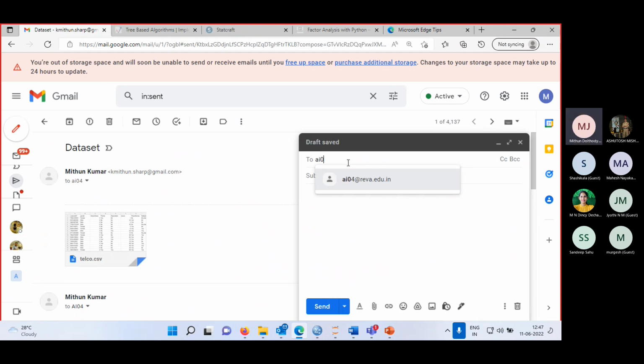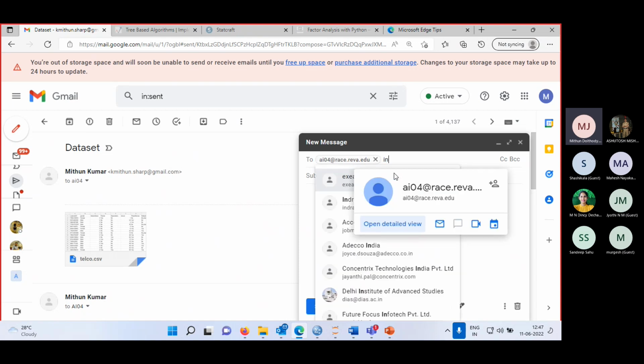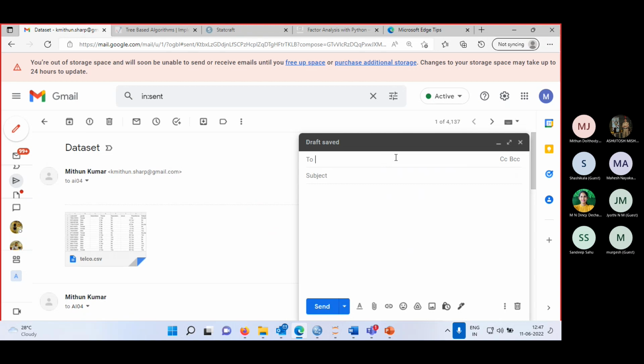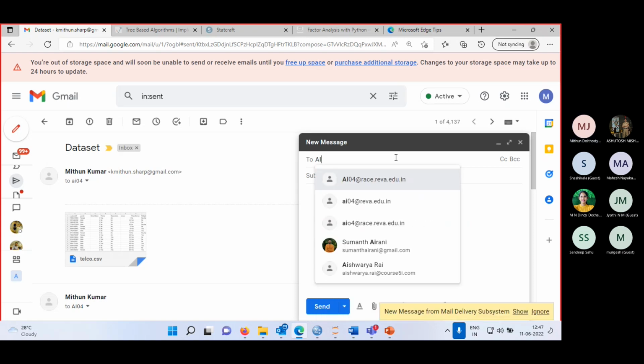This is capital A, then I, 04. Race.reva.edu, put A and I capital. Yeah, that one.